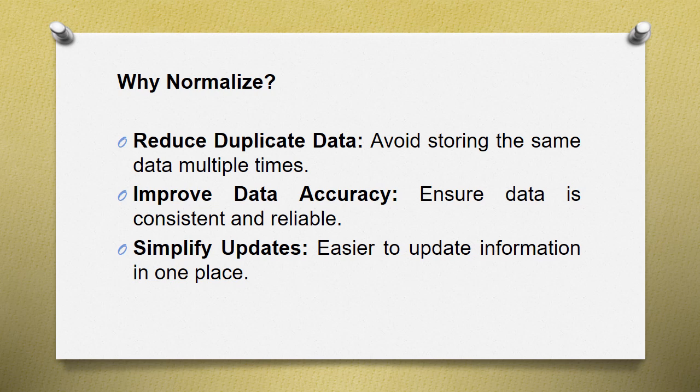It ensures data is consistent and reliable. And number 3, simplify update. Whenever we want to update information which we have already stored, it should be easy to update. So these are the 3 basic points why normalization is important and necessary.